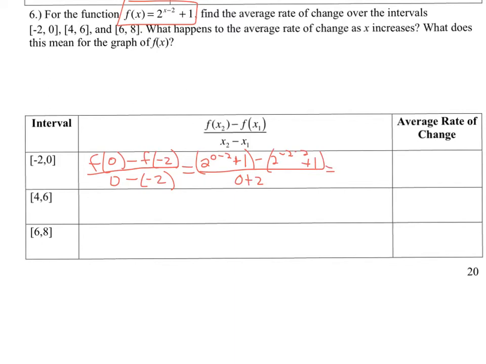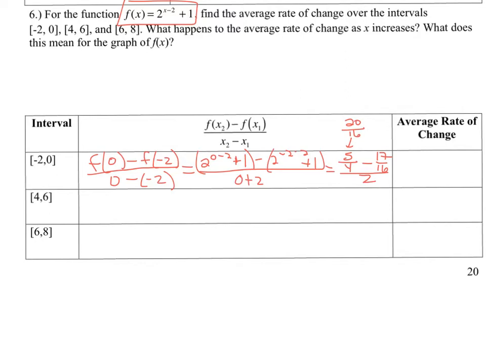So in the top we have 2 to the -2nd, which is 1/4, plus 1 gives us 5/4. We're going to subtract from that 2 to the -4th power, which would be 1/16, plus 1 gives us 17/16, all divided by 2. Well, we can turn this into 16ths by multiplying by 4/4, so this is the same as 20/16.